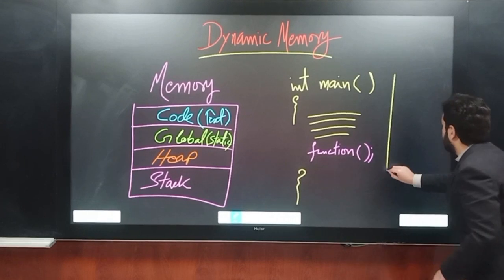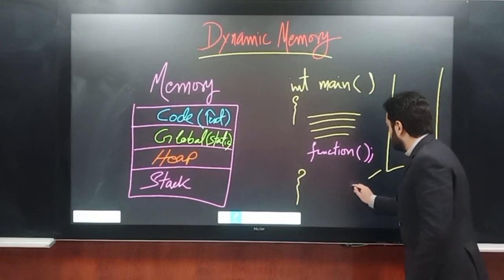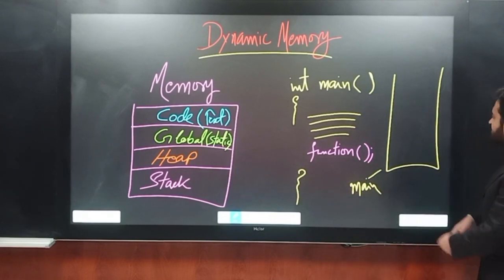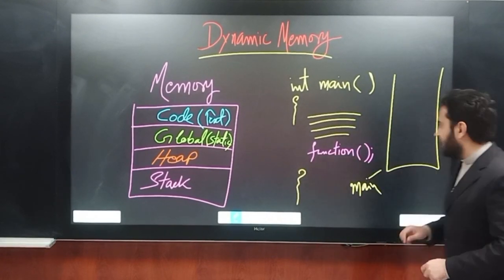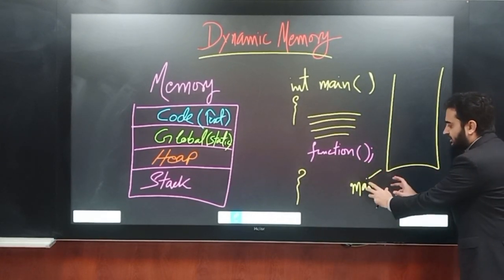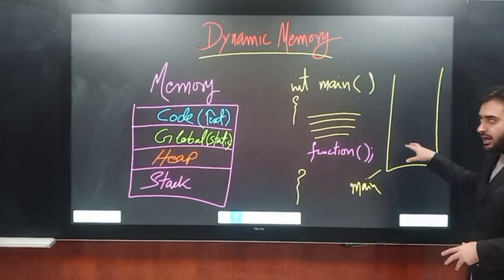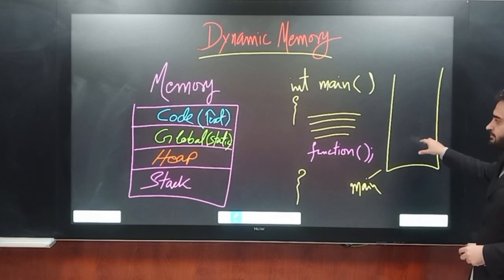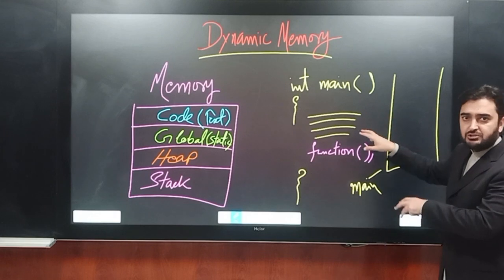So there will be a stack created in the memory with the name main. It means that this allocation or space in the memory is reserved for the main function. Now we can push the items inside the main function to the stack and pop all the items from this stack when its execution is finished.